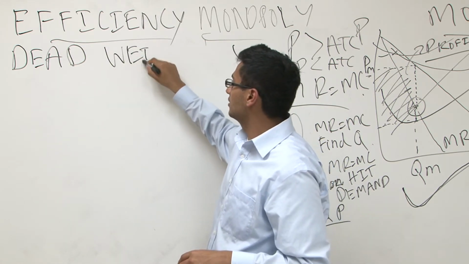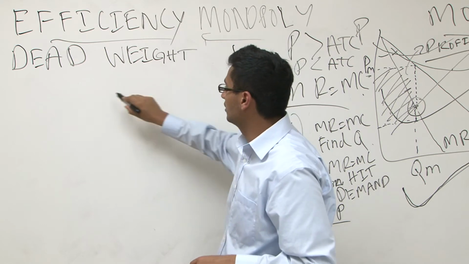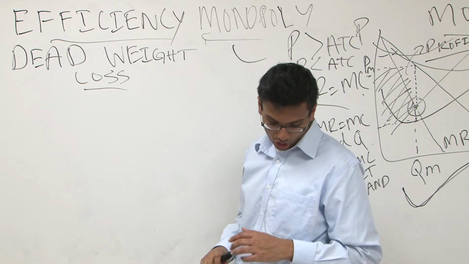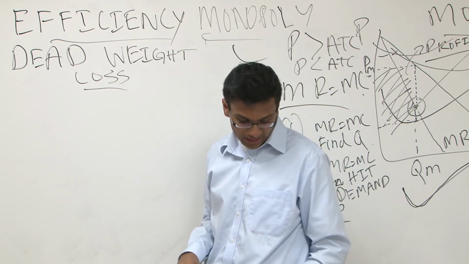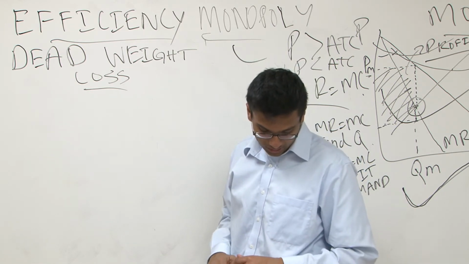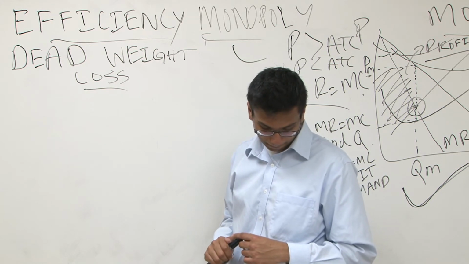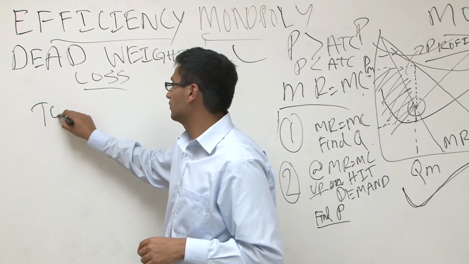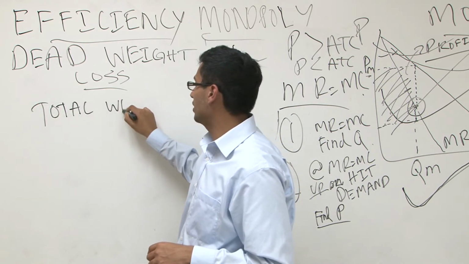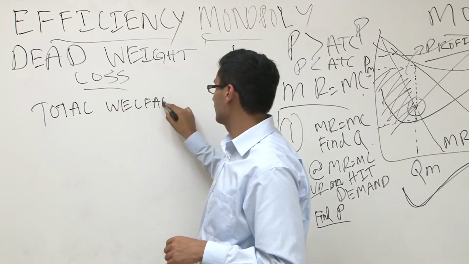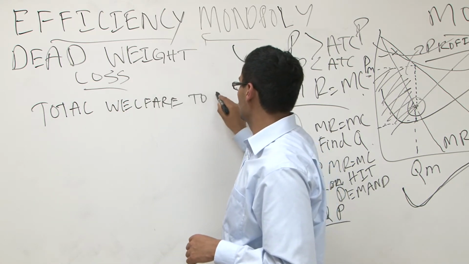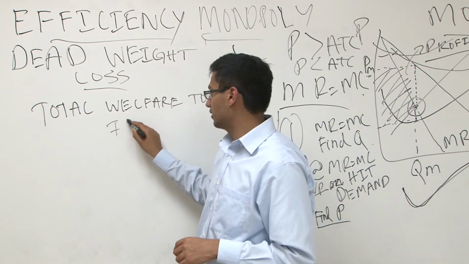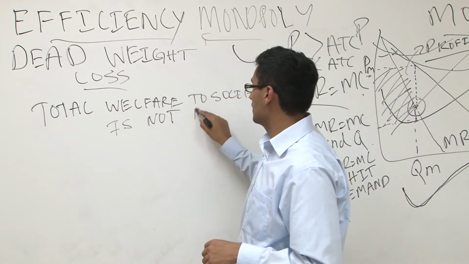Deadweight loss basically occurs if the total welfare to society is not maximized.